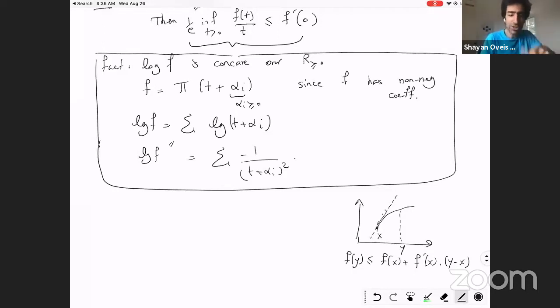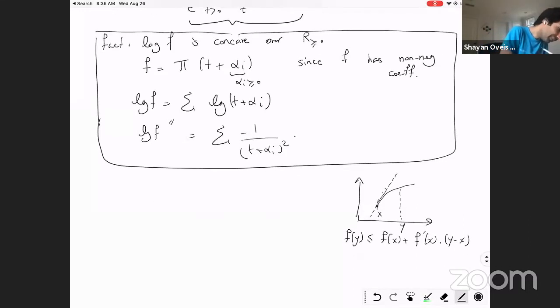So in our application, log of f is a concave function. So I get that log of f at t is less than or equal to, so y will be t in my application, and x will be 0. So it would be less than or equal to log of f at 0 plus (log f)' at 0 times t.